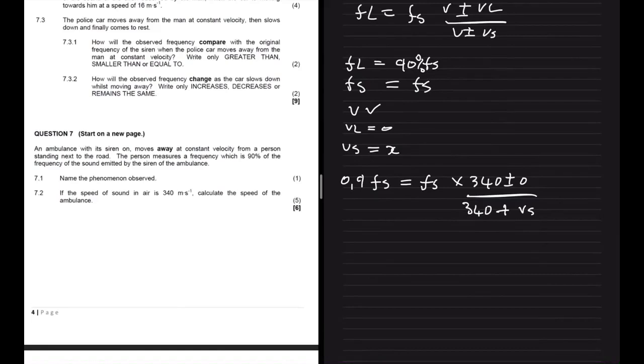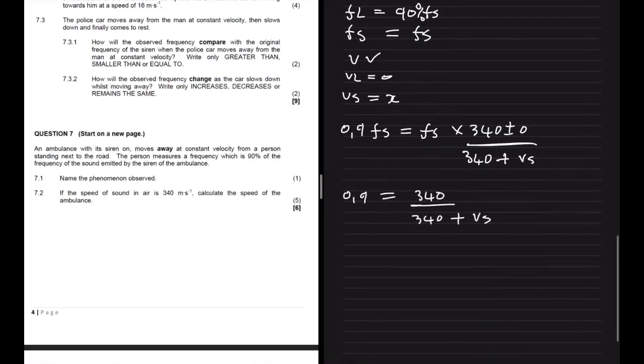FS and FS cancel out on the right-hand side, and on the left, dividing 0.9 FS by FS leaves 0.9. So we have 0.9 equals 340 divided by 340 plus VS.